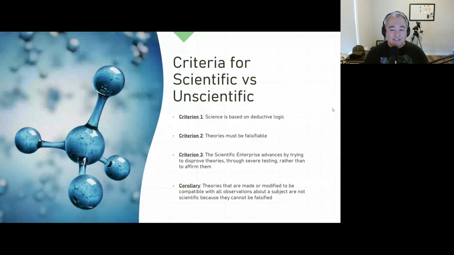And corollaries to this is that theories that are made or modified to be compatible with all the observations about a subject are not scientific because they cannot be falsified. And that's really where Popper starts criticizing later Marxist thought, for instance, where Marxism started as a theory, actually, that could be tested and falsified.